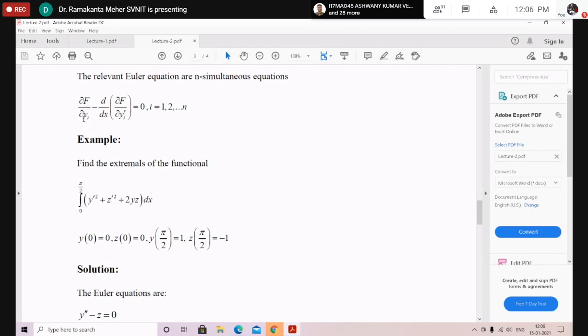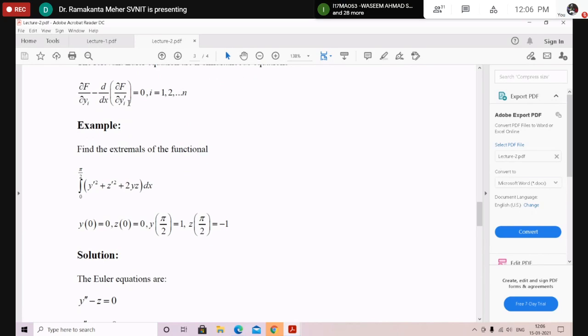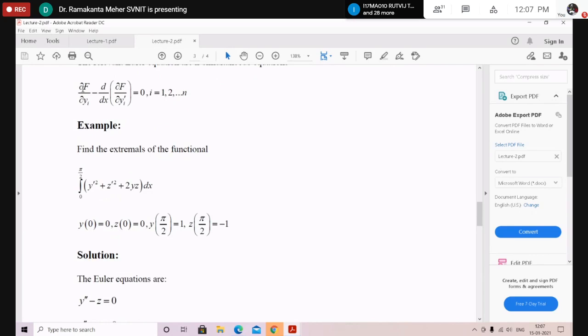If I find del f by del y minus d by dx of del f by del y dash, here del f by del y is 2z, and minus d by dx of del f by del y dash, that is 2y dash. When we differentiate 2y dash, it becomes 2y double dash. In simplification, it gives the form y double dash minus z equal to 0. Similarly, for the second, del f by del z minus d by dx of del f by del z dash equals 0.